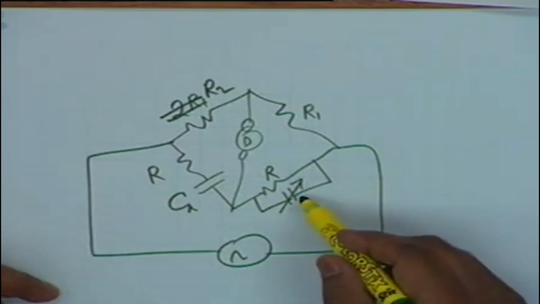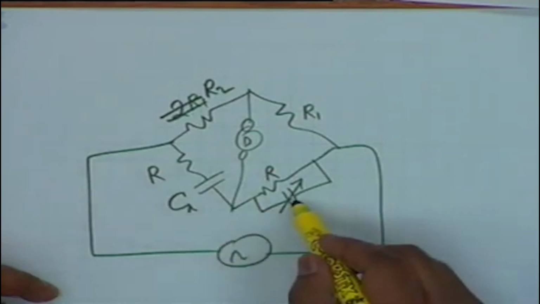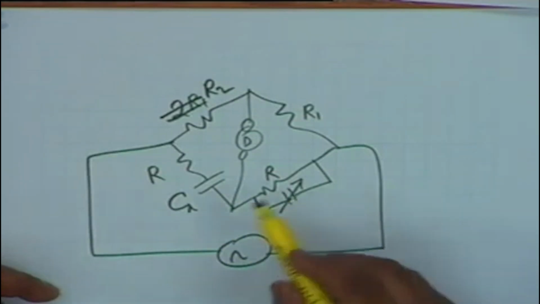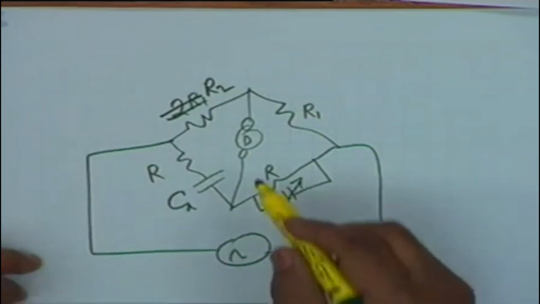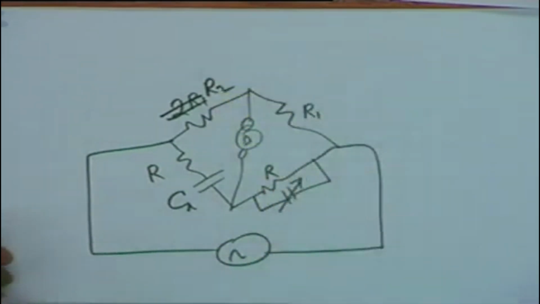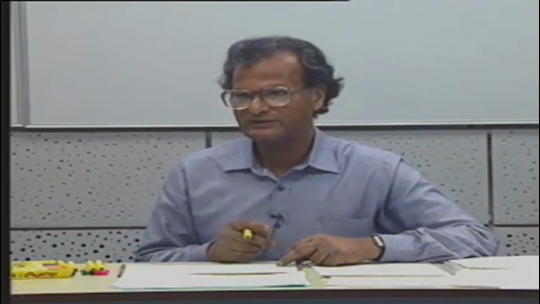And under balance condition you can show that the unknown capacitor Cx is equal to the known capacitor, that is they are equal, provided R2 is equal to twice R1. Wien bridge circuit is a very popular circuit in many measurement techniques, measurement of non-electrical quantities by first converting to a capacitance and then measuring a capacitance.